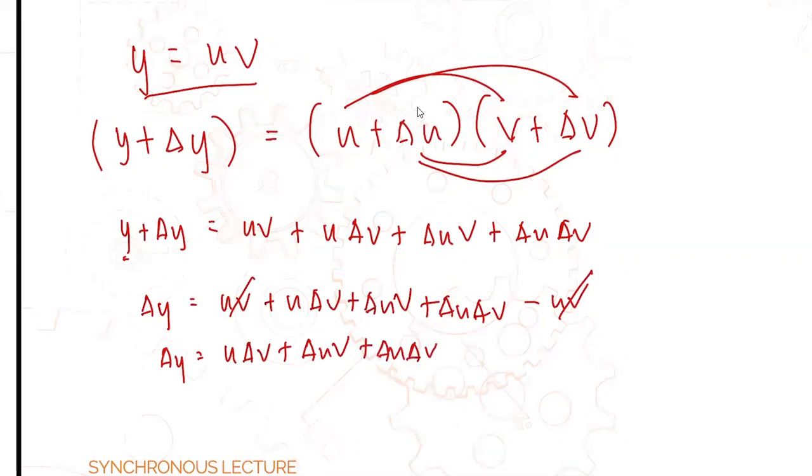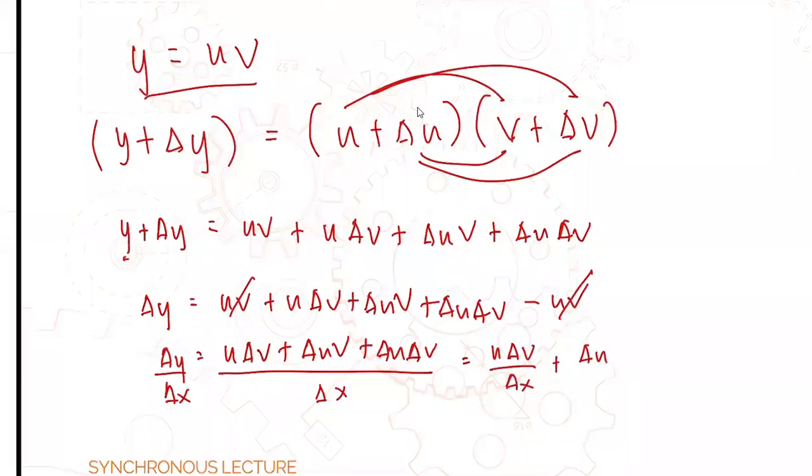Okay? Tapos, divide natin both sides by delta x. So, yung mangyayari, pwedeng paghiwalay natin bawat term. So, we have u delta v over delta x plus delta u v over delta x plus delta u delta v over delta x.